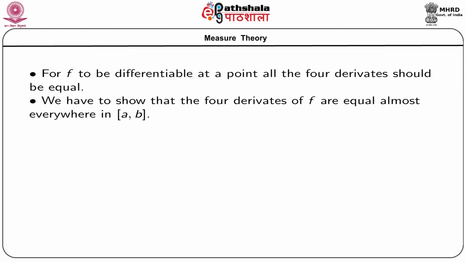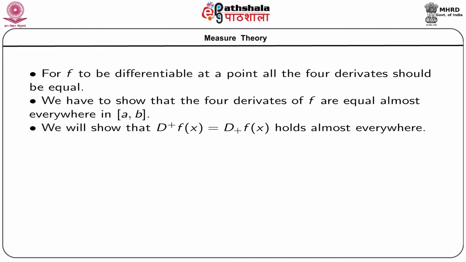Recall that we have already shown that all the 4 derivatives exist finitely almost everywhere in closed interval [a, b]. So, we will show that D upper plus f(x) equals D lower plus f(x) holds almost everywhere. The other result will follow similarly. We will not go into the details of that proof.